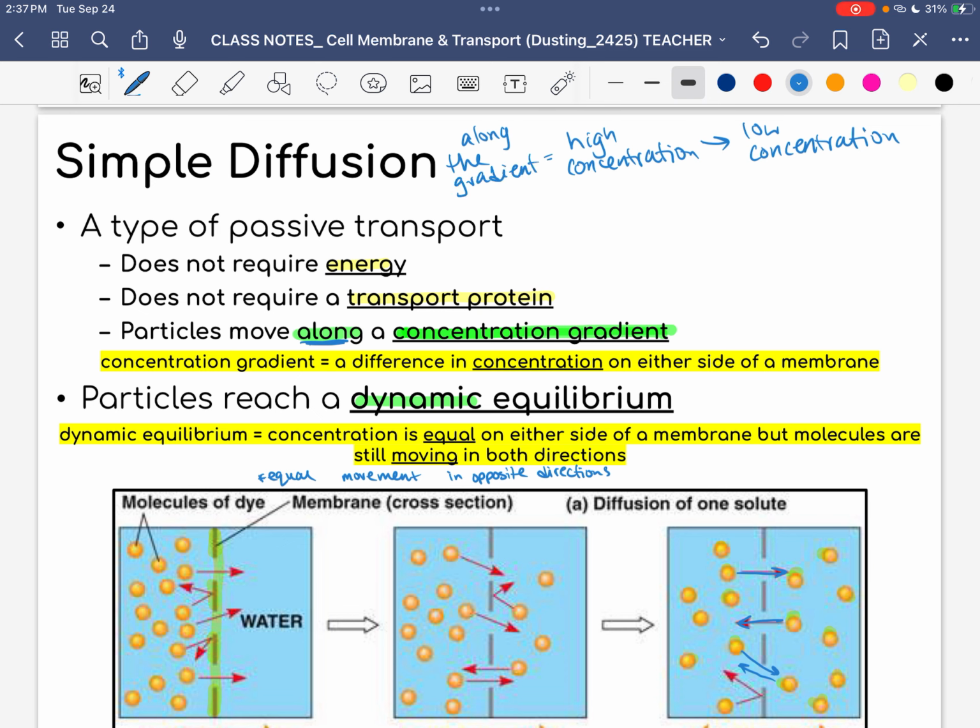Okay, and then against the gradient is the opposite. Against the gradient is from low concentration, I'm just going to put CONC, to high concentration, CONC. Okay, so you need to be able to use those phrases there.